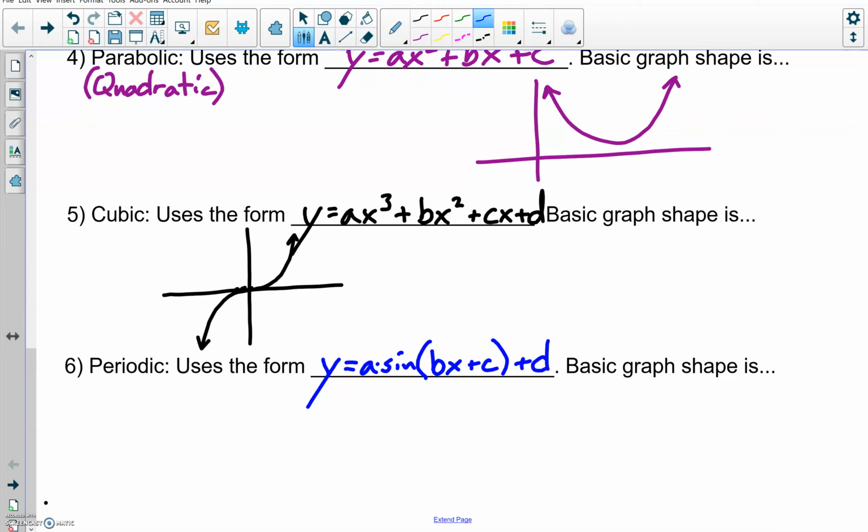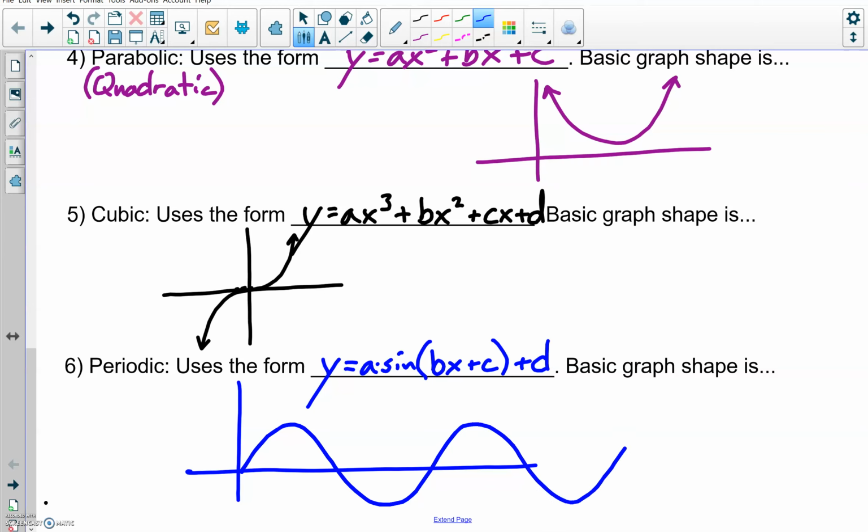Now we don't do trigonometry in this class, but if you are noticing that the data is cyclical, periodic as they call it, you're going to see something like this, where the data goes up, comes down, goes up, comes down, goes up, and just keeps repeating that cycle of up then down, up then down, up then down.